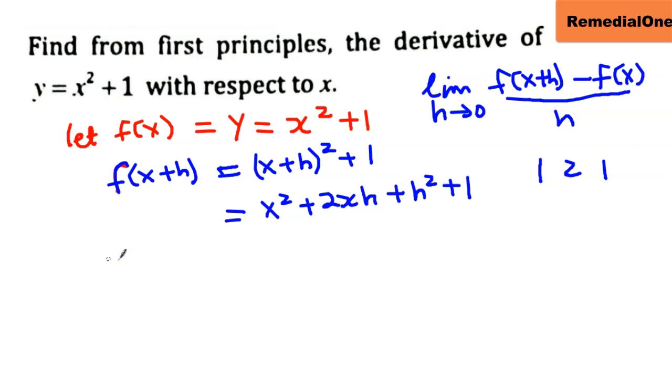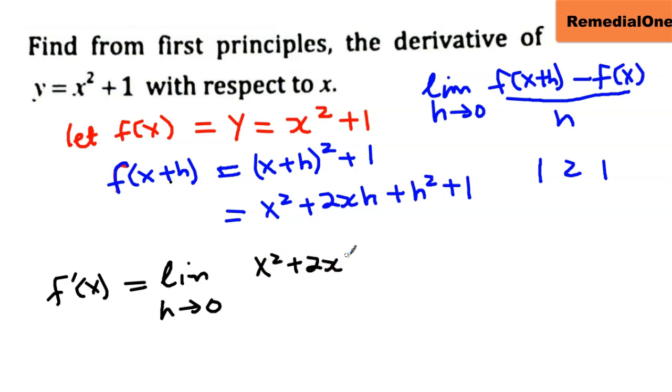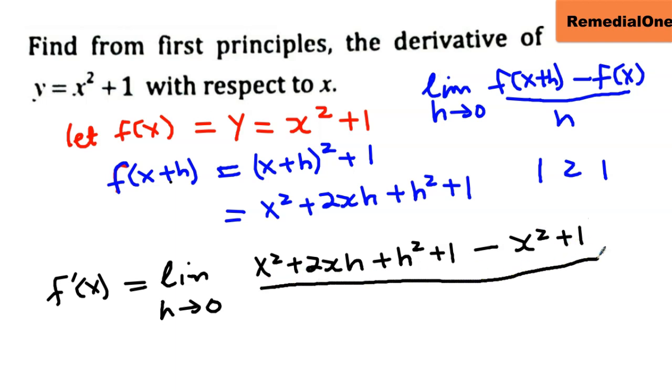We are almost done. So here, as we are finding our first derivative, the first differential as the limit of h tending to 0, we got our f of x plus h to be x squared plus 2xh plus h squared plus 1 minus the f of x, which is the same as x squared plus 1 all on h.